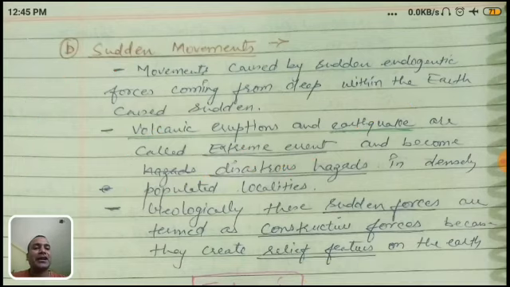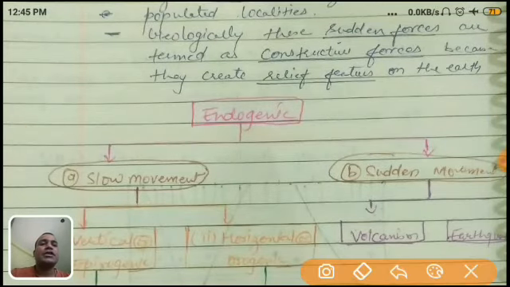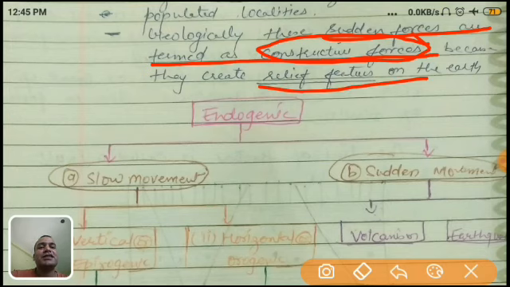Now let me show why. Geologically, these sudden forces are termed constructive forces. Is it wrong? No, it is not wrong. Constructive forces because they create relief features. Let me explain why. God will never tell you to make very tall buildings, big houses, big factories.